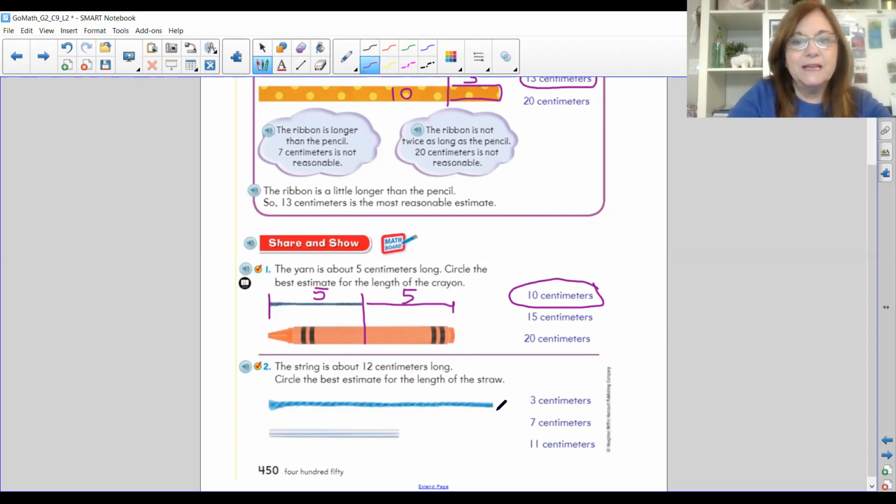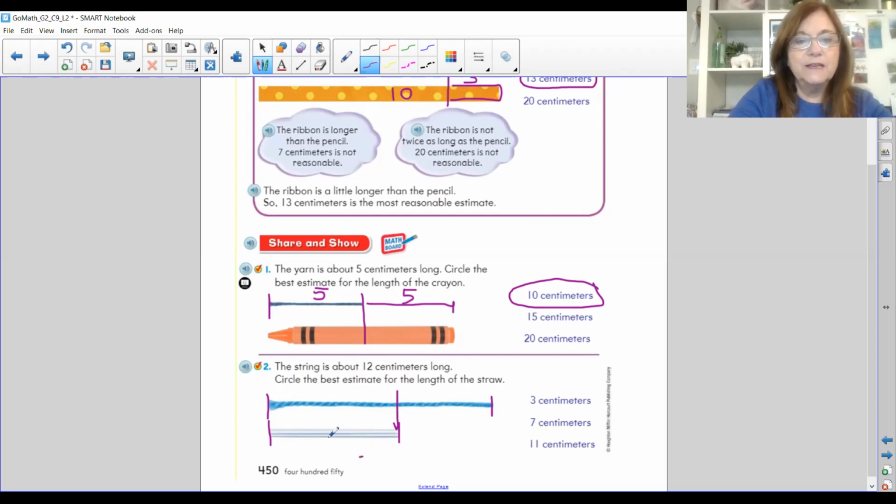This string is about 12 centimeters long from here to here. And we're going to circle the best estimate for the length of the straw. So here's the straw. The straw goes to here on the string. So if this whole string is 12, do you think the straw is only 3?